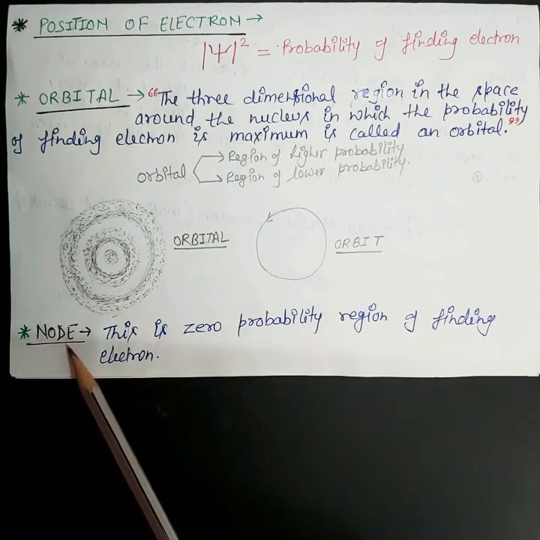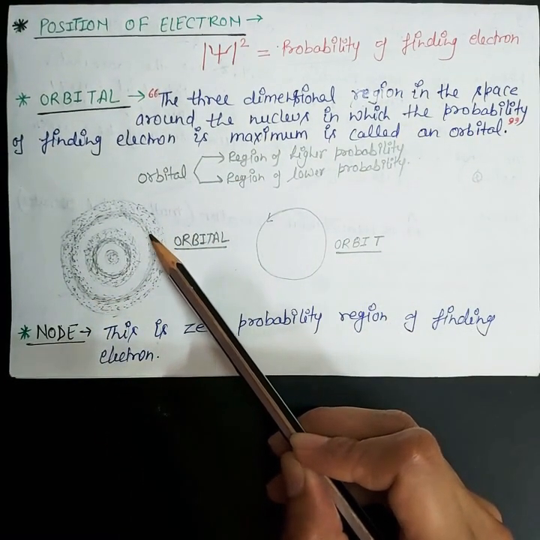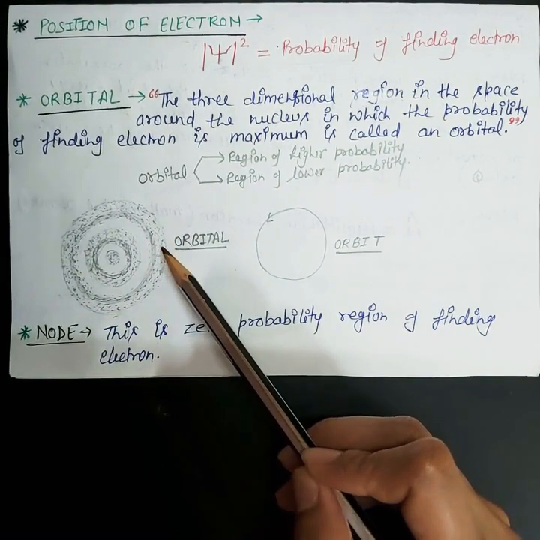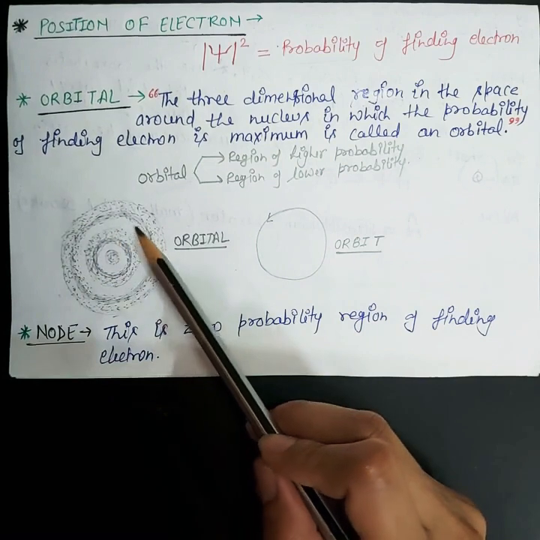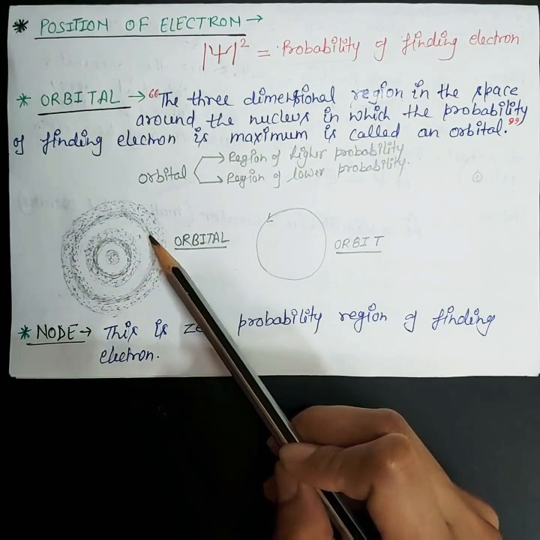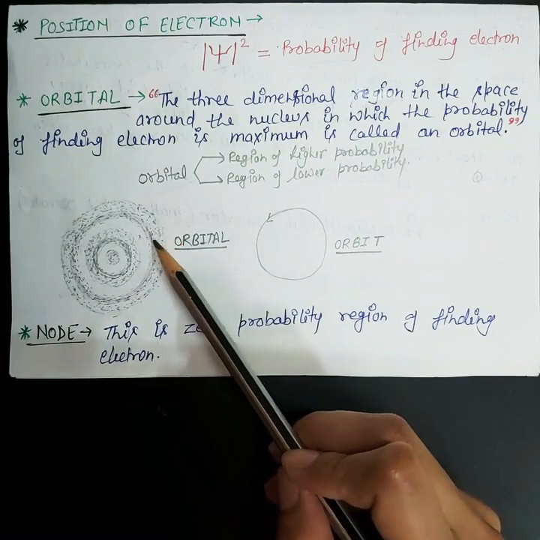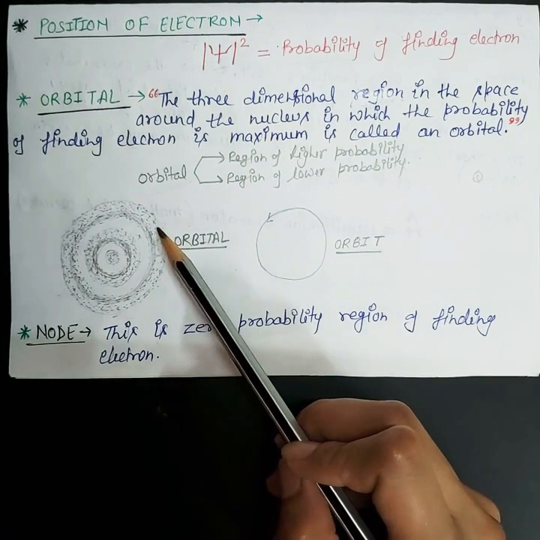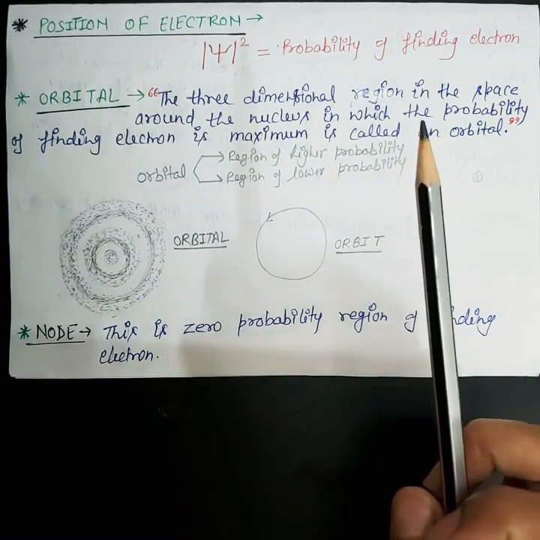This type of area is known as a node. This dense area is the region of higher probability, this lighter area is the region of lower probability, and this area where the finding of electron is almost zero is known as node. So in this diagram, this is the node, this is the higher probability area, and this is the lower probability area, and together this is known as the orbital. So the orbital can be defined in two parts: the less dense region or the more dense region.